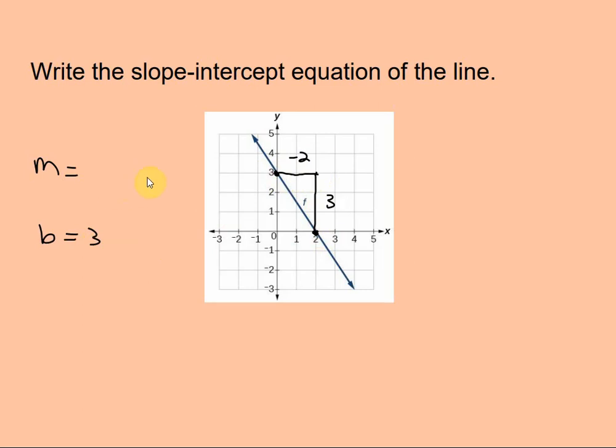So my slope is 3 over negative 2, or a negative 3 over 2. And to write the equation of a line in slope-intercept form, we would just do y is equal to m, which is our negative 3 over 2x, plus our b, which is 3.